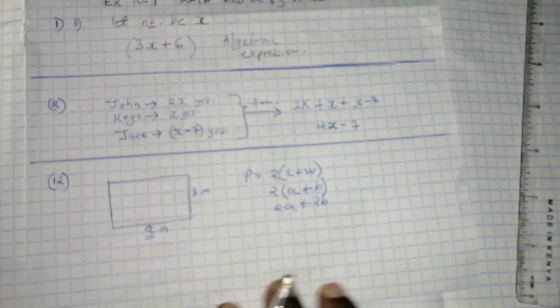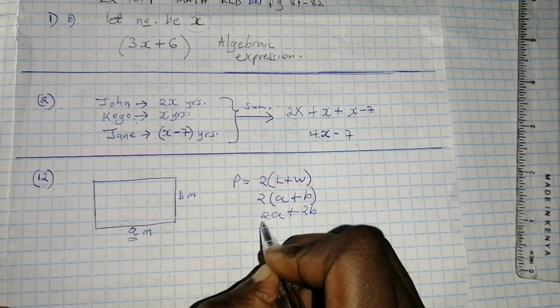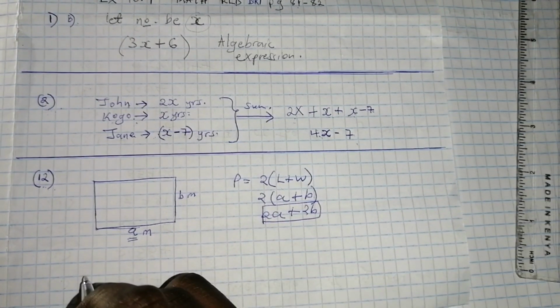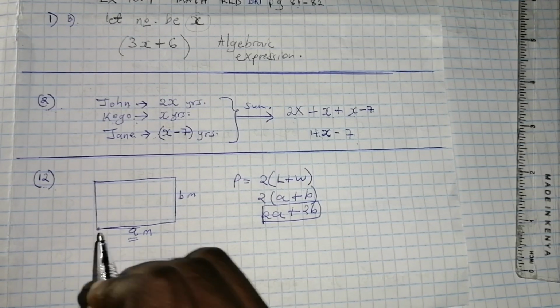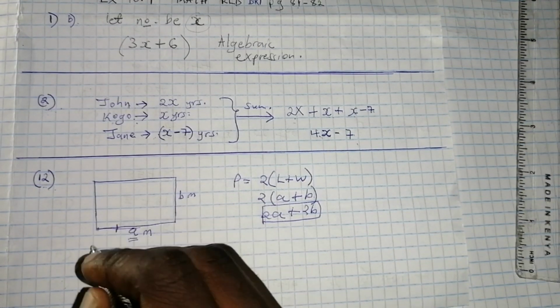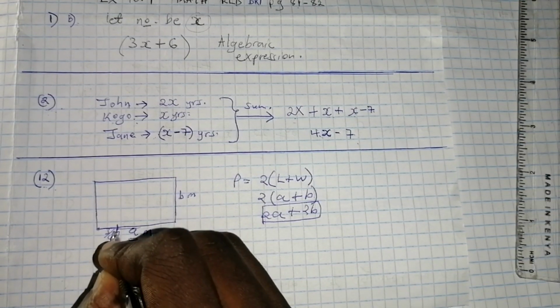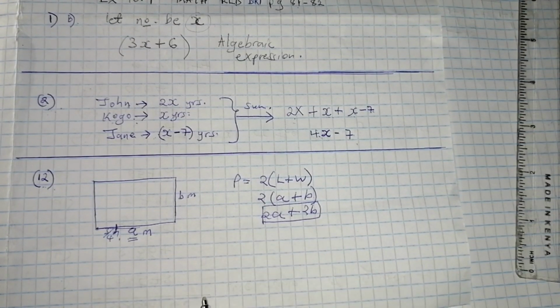Now we already have the perimeter of the rectangle. In order to calculate the number of strides, we need to know that one stride is equivalent to 3 over 4 meters. So this perimeter will be equivalent to how many strides?